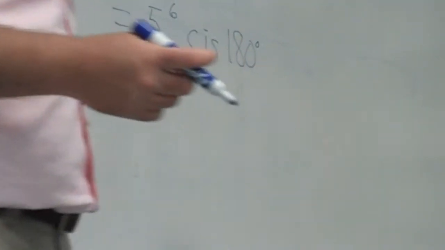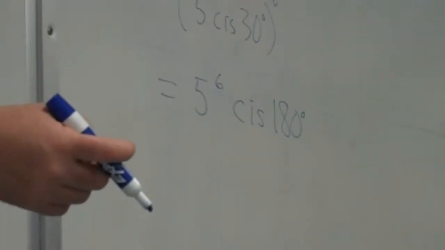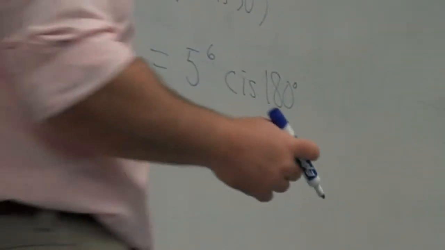I don't know that one off the top of my head. 15,625. Okay, and it's cis 180. So 6 times 30. You multiply the exponent times the angle, and you're raising the length to the power. 5 to the 6th, cis 180.